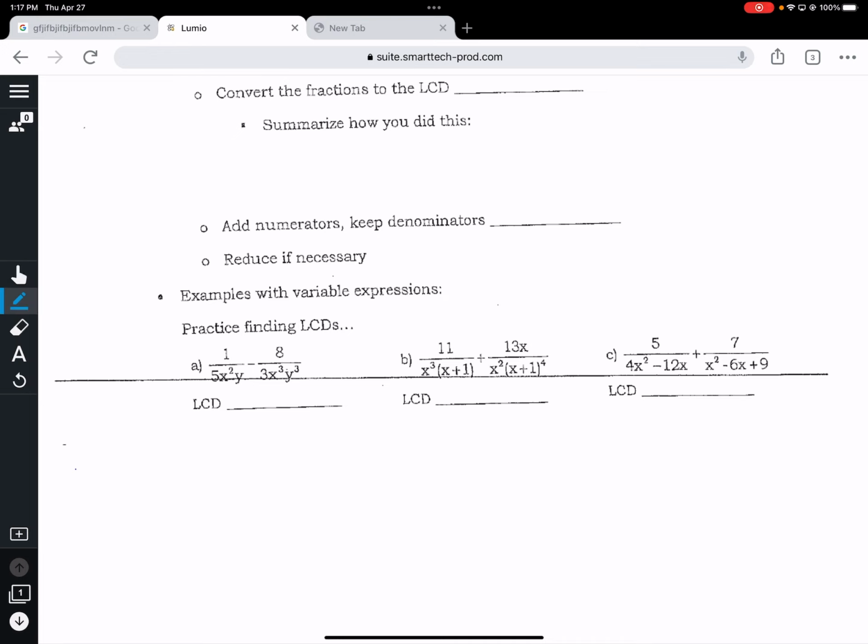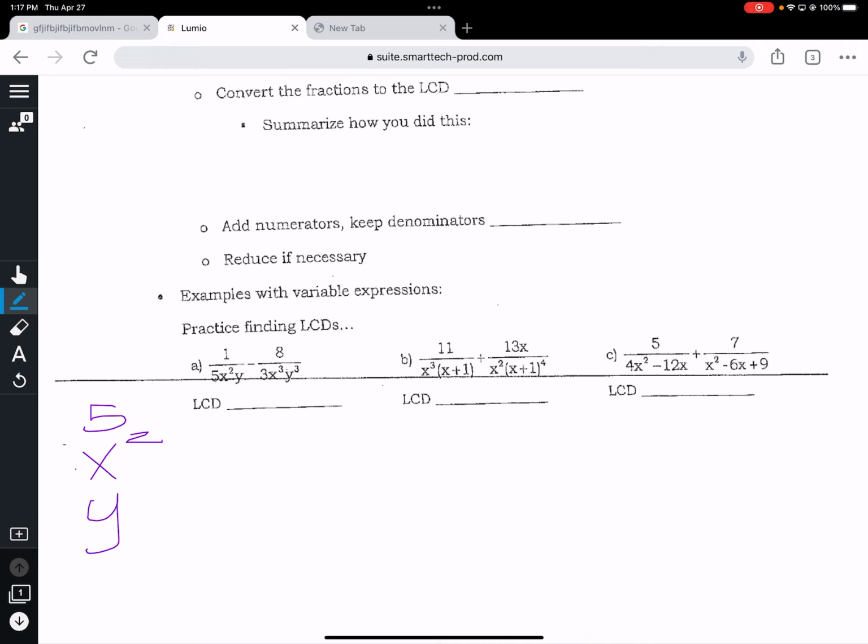So we have 5x squared y. What operation is happening between those three? That's all multiplication in that denominator. A number right beside a letter just means it's multiplying. So we have a 5, an x squared, and a y. Agreed? Yes.